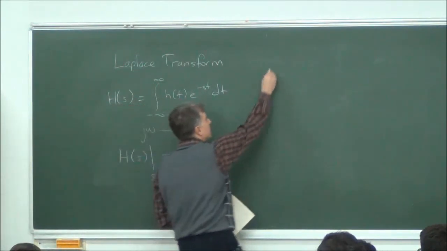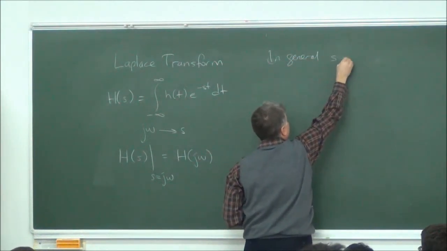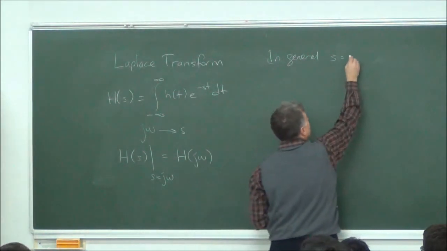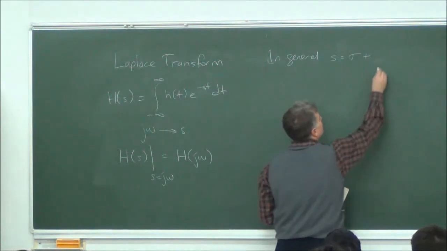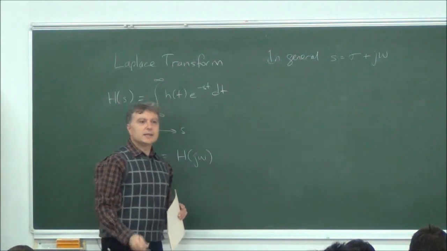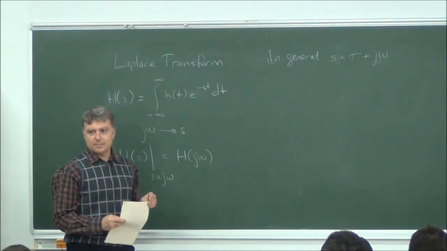In general, s is not only purely imaginary jω, but it may also have a real part, usually indicated by σ plus jω. So the Fourier transform is the Laplace transform for the σ equal to 0 case, the real part.